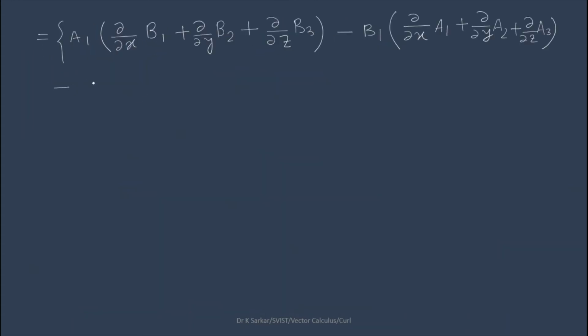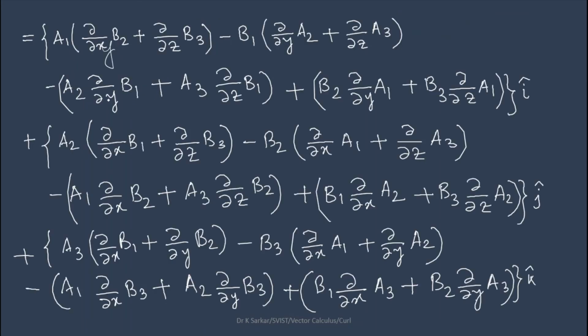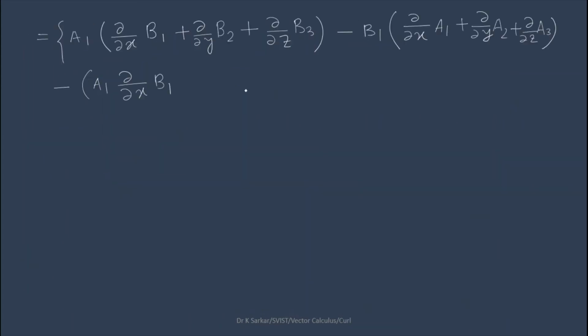So minus a1 del x b1 and a2 del y b1 plus a3 del z b1 plus a2 del y b1 plus a3 del z b1.